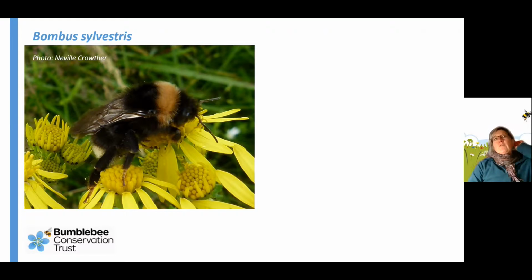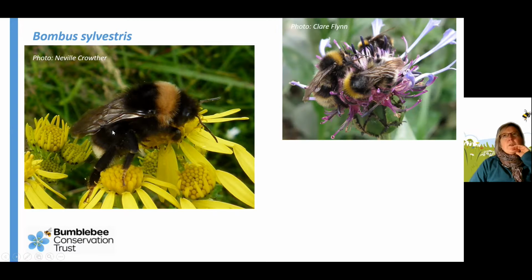There's another image of a female. You see they like composites with their short tongues. So her yellow collar and her white tail, and no abdominal yellow band. There's a group of males which sometimes occurs in May, I would say June time.